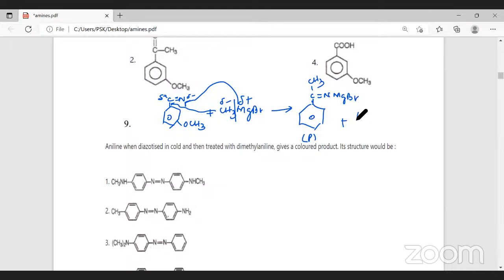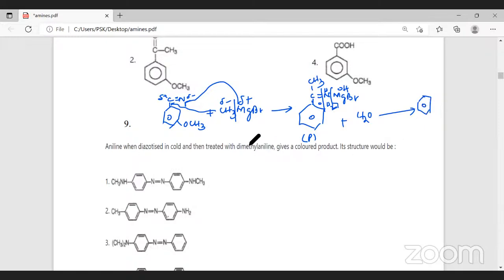And this, when you hydrolyze, water we can write as OH and H. Likewise, another molecule of water, we can write as H2 and O. So the bond between carbon and nitrogen breaks. What happens? The product we get is a benzene ring.